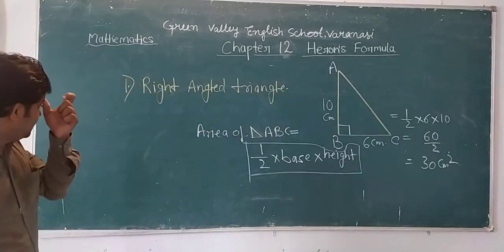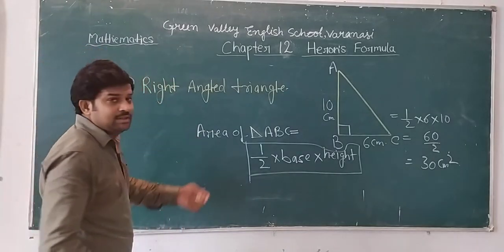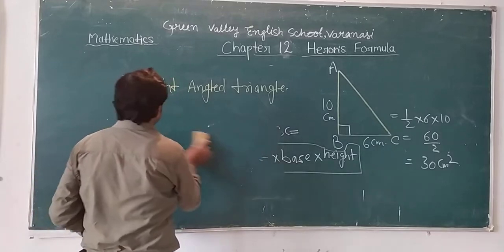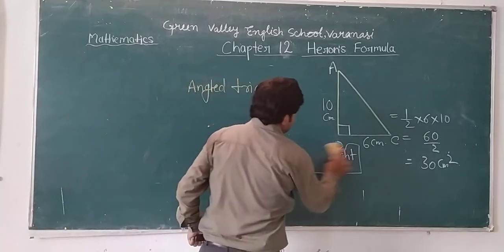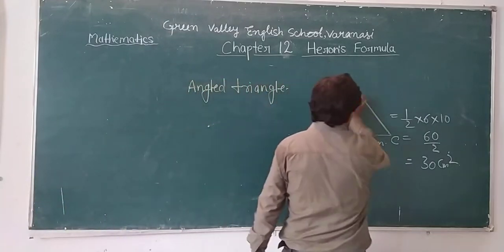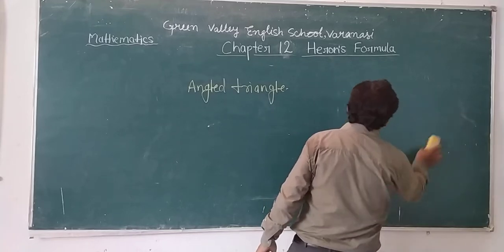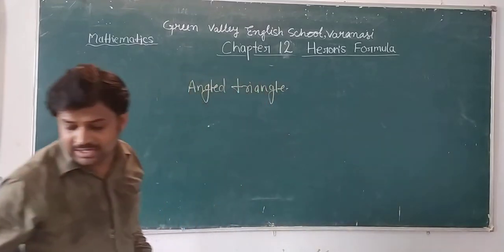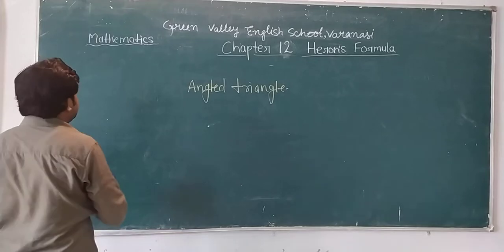Next, we discuss the equilateral triangle. Equilateral triangle means when all the sides of the triangle are the same, then that triangle is known as an equilateral triangle.